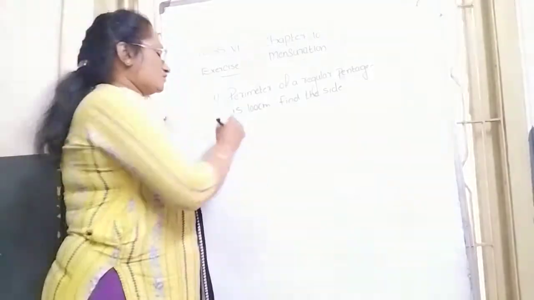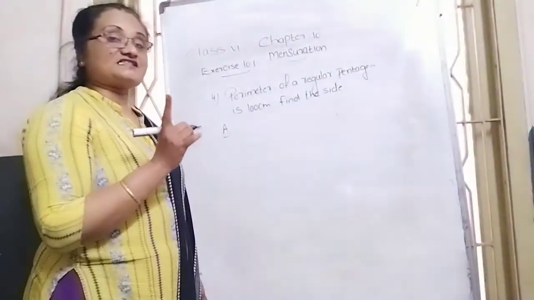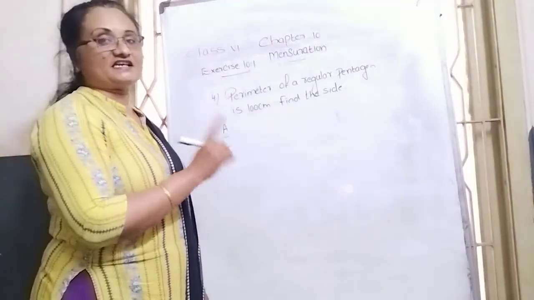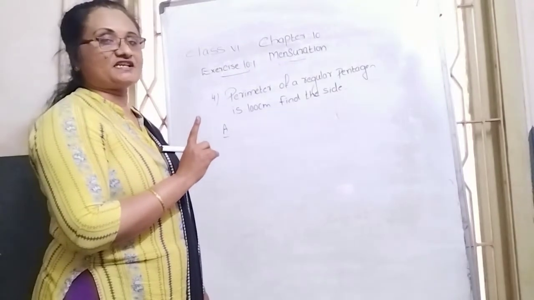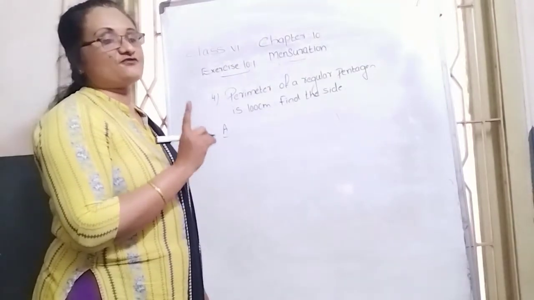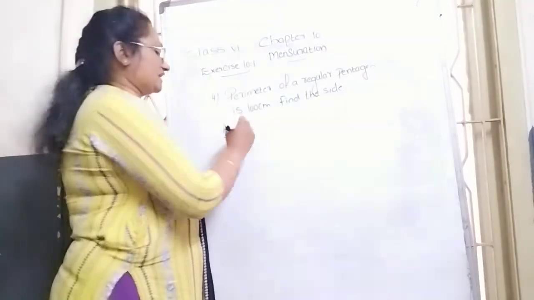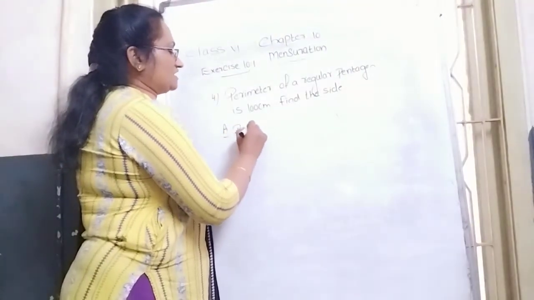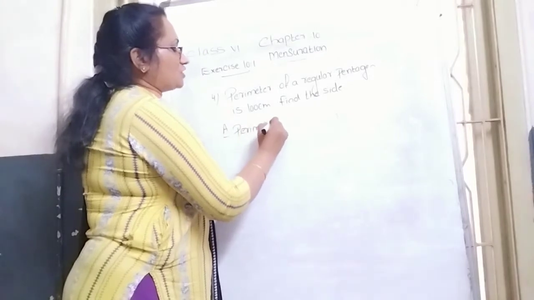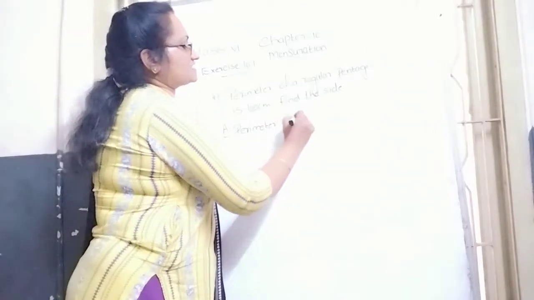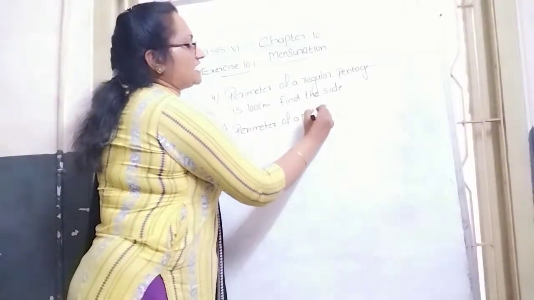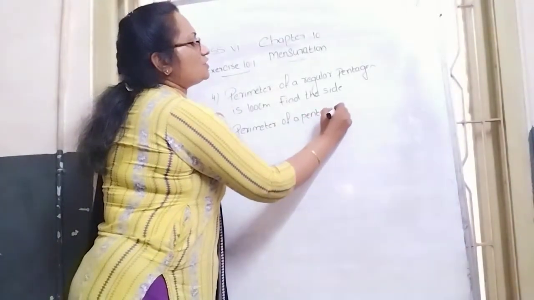How do we find it? A pentagon has how many sides? 5 sides. Earlier I said the formula for the perimeter of a pentagon is 5 into side, and we can apply that formula directly. Perimeter of a pentagon is equal to 5 into side.